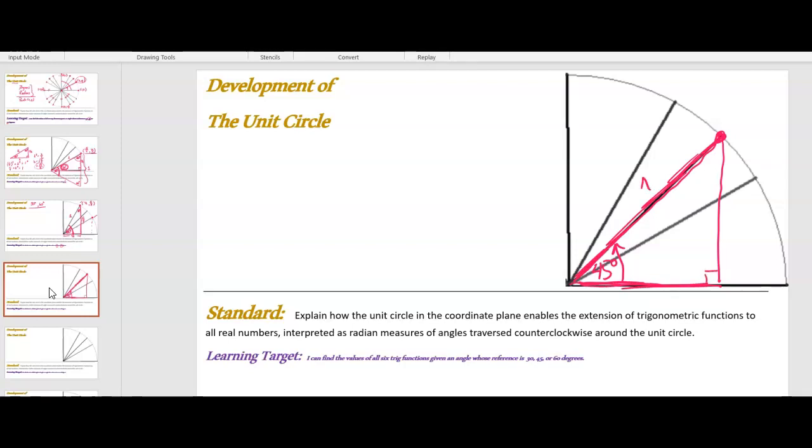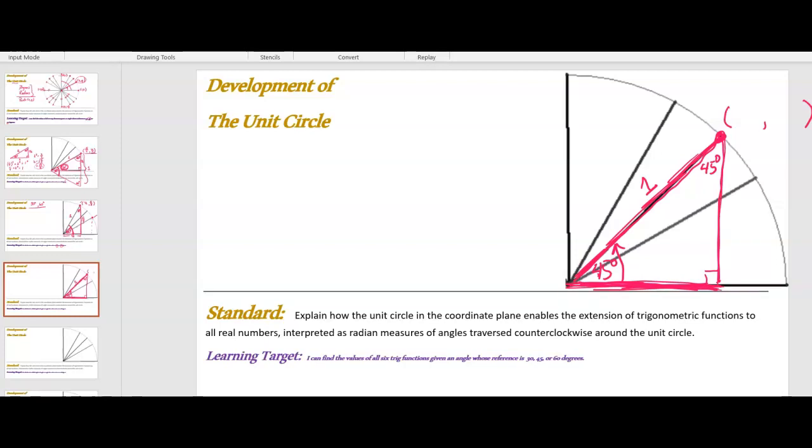Now the nice thing about 45 degrees, I think it's the easiest of them all. The 30s and the 60s can be a lot to make sense of, but 45, 90. If this angle is 45 degrees, then this angle is 45 degrees, which means that the x-coordinate and the y-coordinate, which is the base and the height, will be the same.